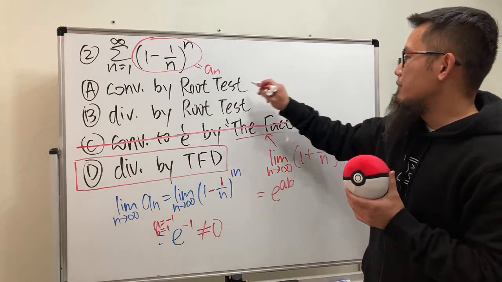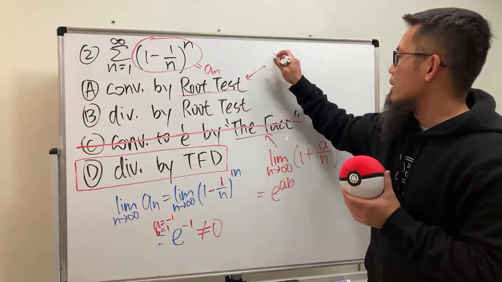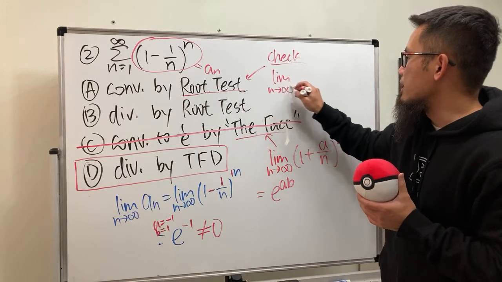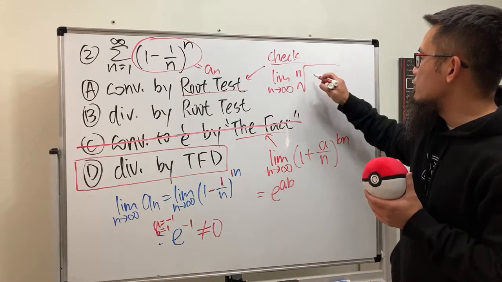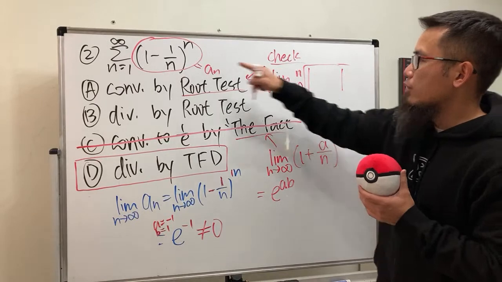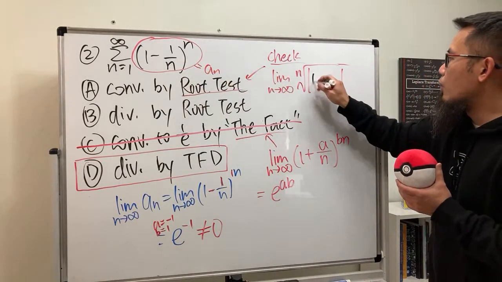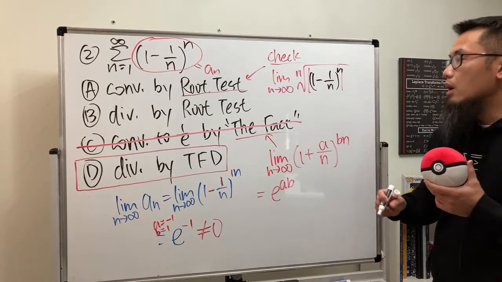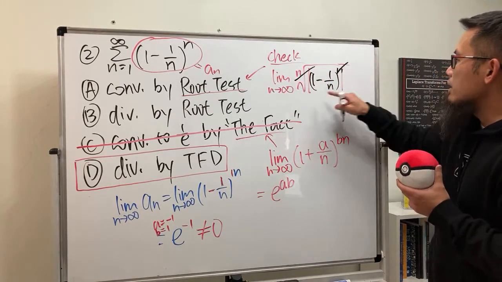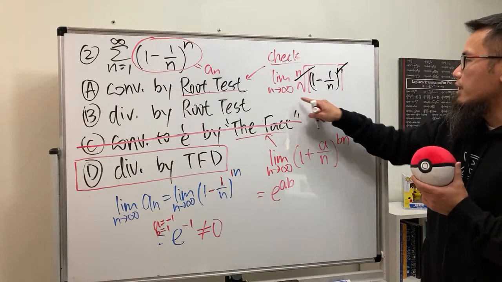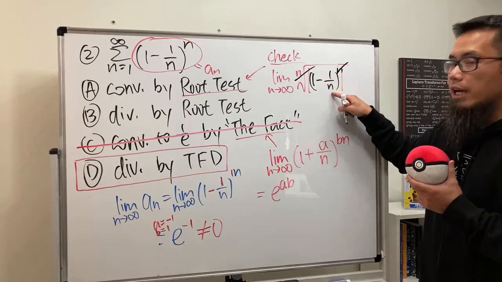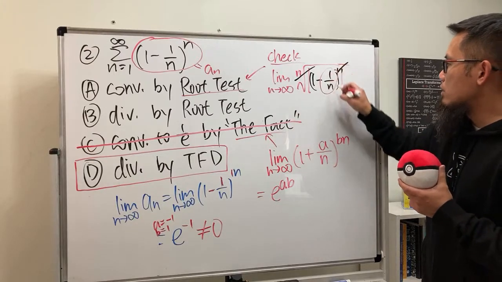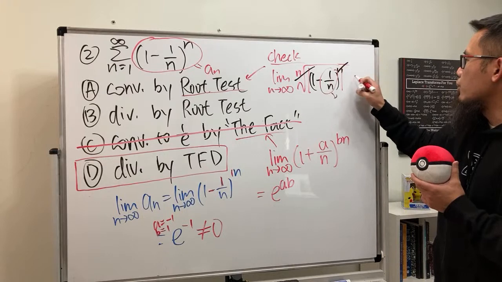Just real quick, if you want to use the root test, we will have to check the limit as n goes to infinity of the nth root of the absolute value of an, which is 1 minus 1 over n raised to the nth power. Well, the root and the power cancel out, and you just have to do the limit as n goes to infinity of 1 minus 1 over n. When n goes to infinity, 1 over n goes to 0. Thus, this is actually equal to 1.